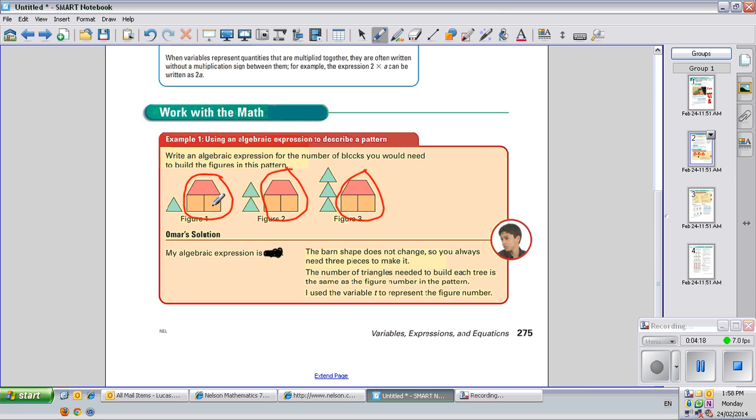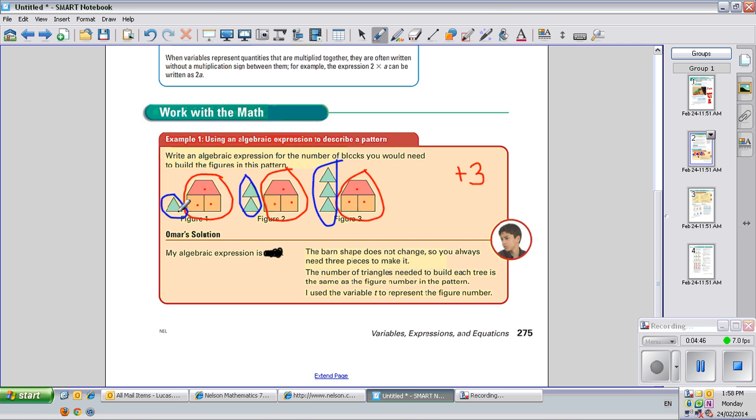So because there are 3 blocks, 1, 2, 3, that stay the same, we know that there will be a +3 in our equation. For the changing blocks, which is our triangles, we have 1, we have 2, we have 3.